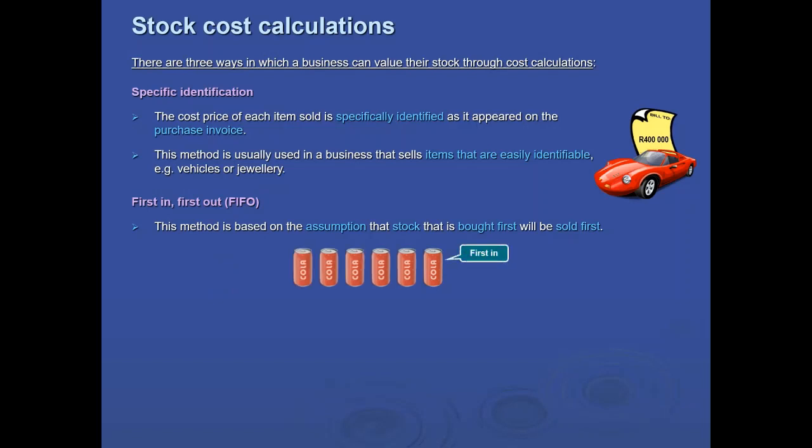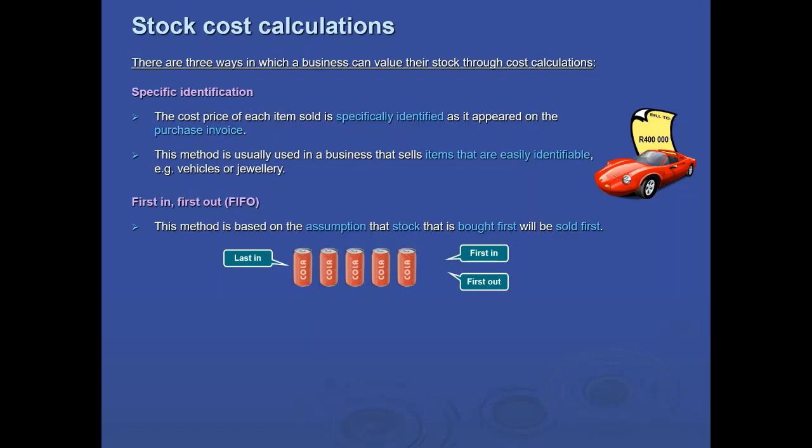So the cola that we bought first is the one that we will sell first, because we can imagine Coca-Colas, you are going to sell many of them in a day too. So it's like a high turnover rate. Consumers will tend to buy it maybe even on a daily basis.